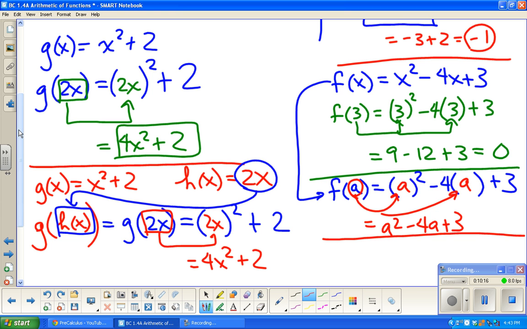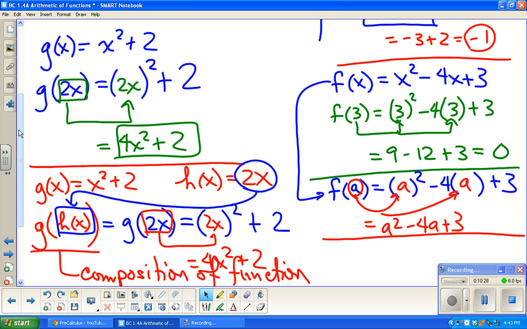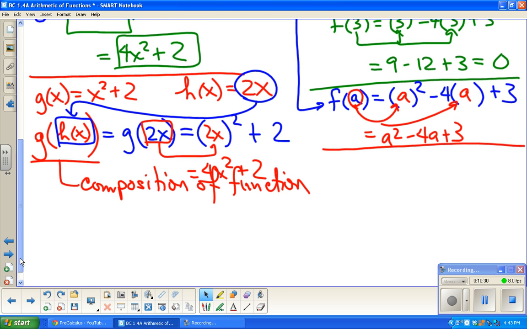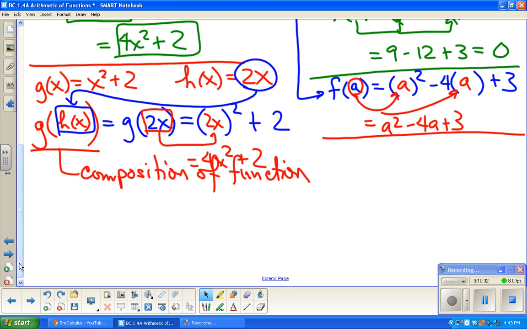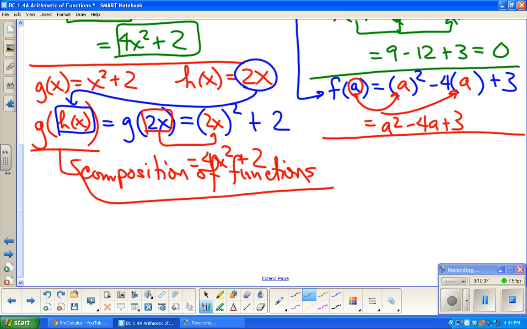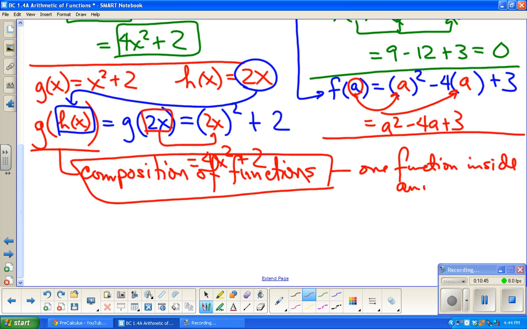So this is called composition of functions, when you put a function inside of another function. The first thing that we were doing was arithmetic of functions, and that's when you do arithmetic, like you add, subtract, multiply, or divide functions. Well, this is composition of functions: one function inside another.